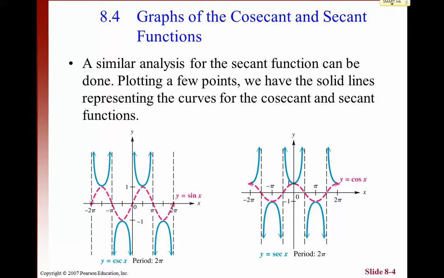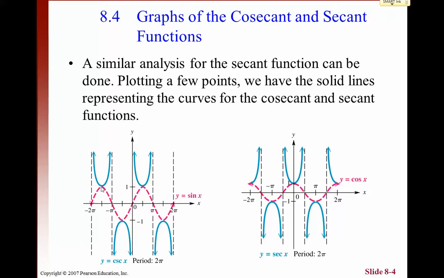And what we need to do to graph this is graph the guide function, as they call it in the book. So to actually graph the cosecant function, you'd graph the sine of x. And when you graph that, where it crosses the x-axis is going to be your vertical asymptotes.